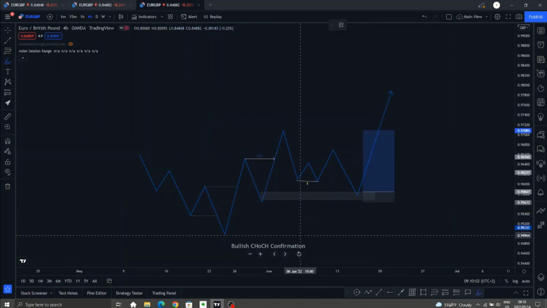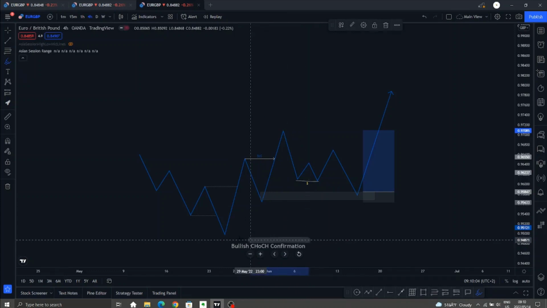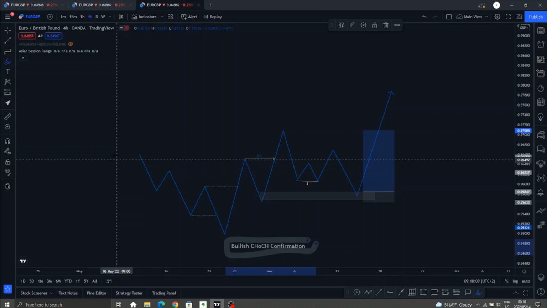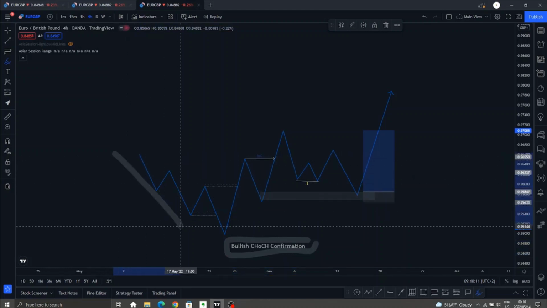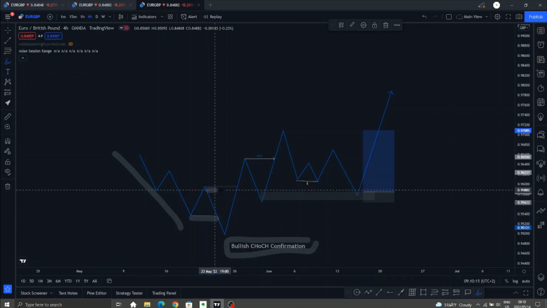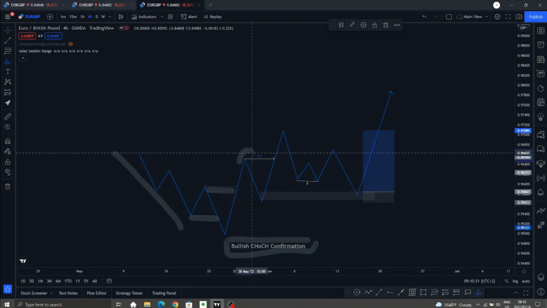And then obviously the same would be the inverse for a bullish change of character confirmation, where you've got a bearish market. Okay. You have your break to the downside, immediately followed by a break to the upside. And then after that break of structure to the upside, you have an internal swing point that is formed, an internal swing high.